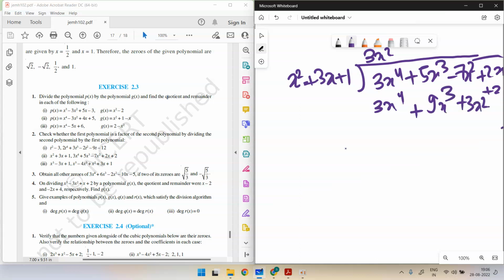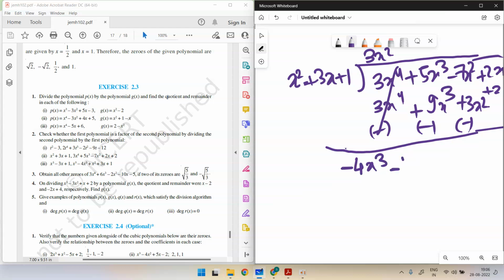You subtract this, and this one cancelled. 5 minus 9 is minus 4x cube. Minus this, minus 10x square, plus 2x plus 2.